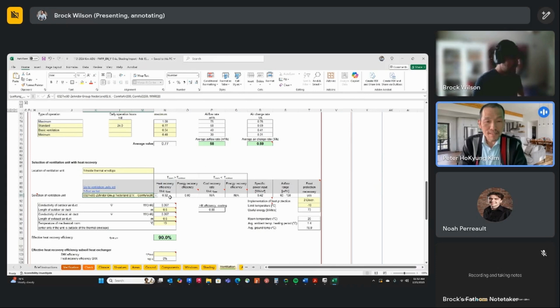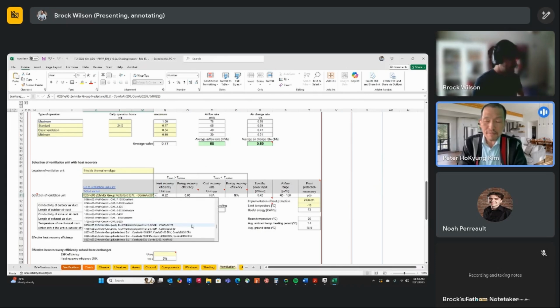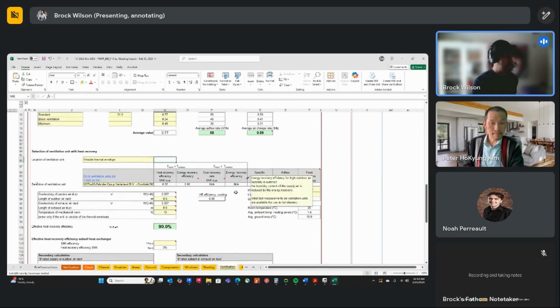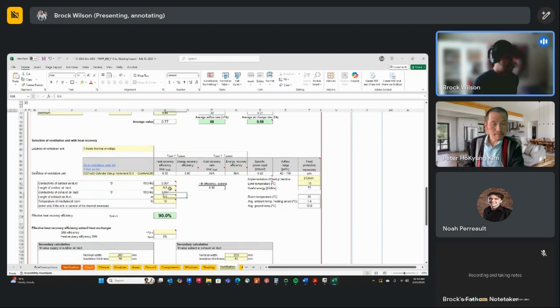So what about between HRV and ERV? In our case, isn't ERV better? ERV is better, yeah. We would suggest an ERV. So we could use the ComfoAir 200 ERV that comes with a preheater, and we would also recommend having a post heater as well.